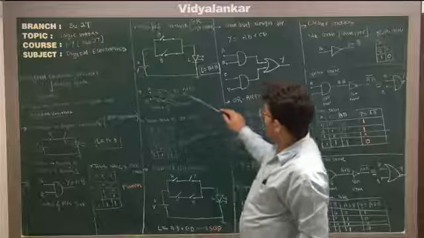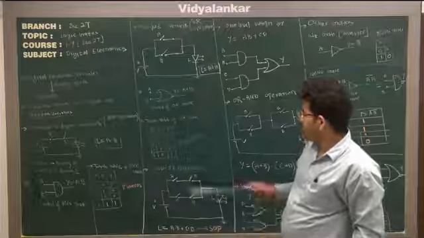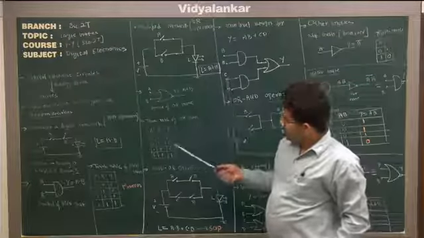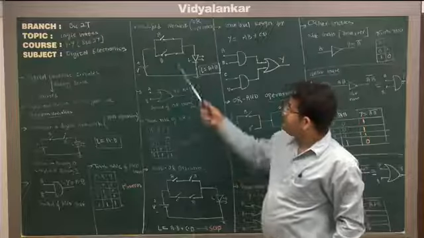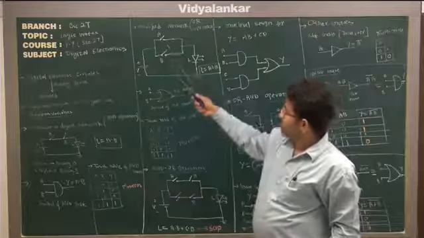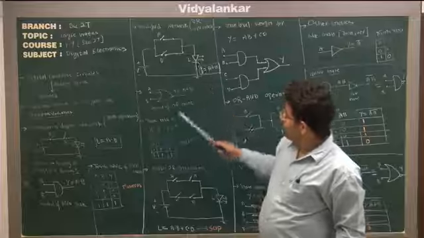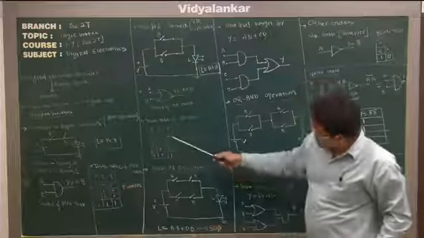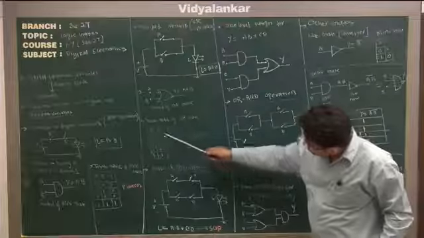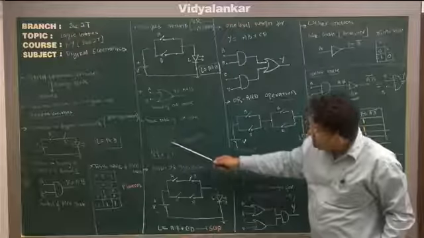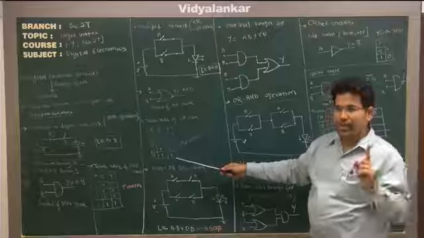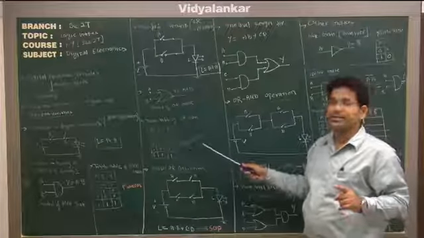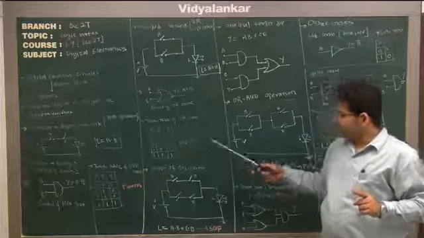So with inputs A and B, the output is A plus B. Again, the truth table. Here you can say when both of them are open, the output is 0. Otherwise you will have an output. And out of 4 combinations of inputs, 3 give you output as 1. So it is known as max term or maximum term.